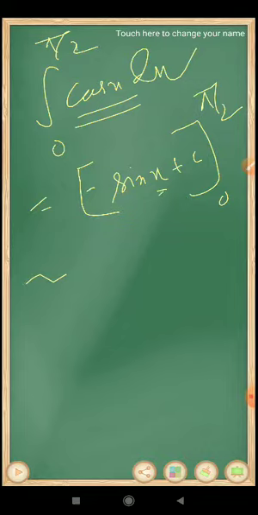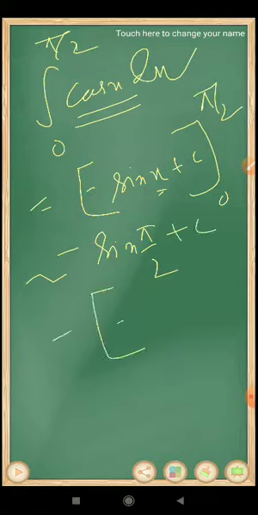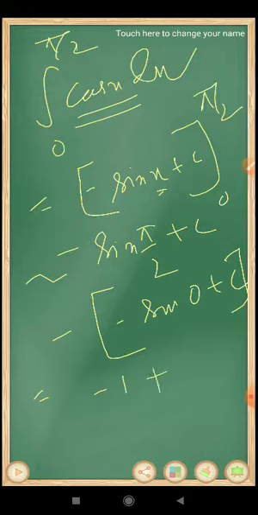Now instead of x you put pi by 2, so minus sin pi by 2 plus c, minus sin 0 plus c. So minus sin pi by 2 is equal to minus 1, minus minus plus, sin 0 is equal to 0, and c will cancel out each other, so the answer is minus 1.